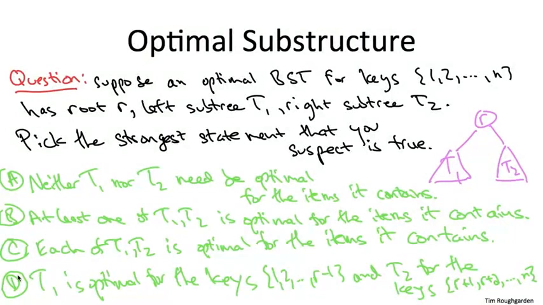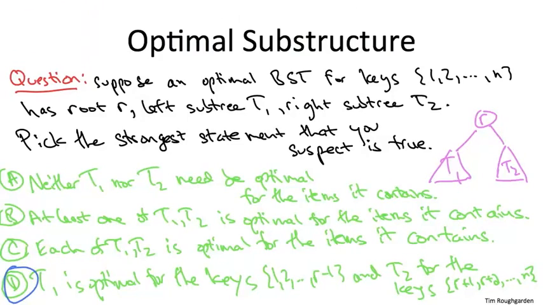Okay, so the answer I'm looking for is the fourth one, D, which is the strongest statement of all. So the first point is that each of the trees, T1 and T2, now as subtrees of a binary search tree, are themselves binary search trees, valid for the keys that they contain. And not only can they be viewed as search trees on the keys they contain, but the claim, which we'll prove on the next couple slides, is that they are indeed optimal.